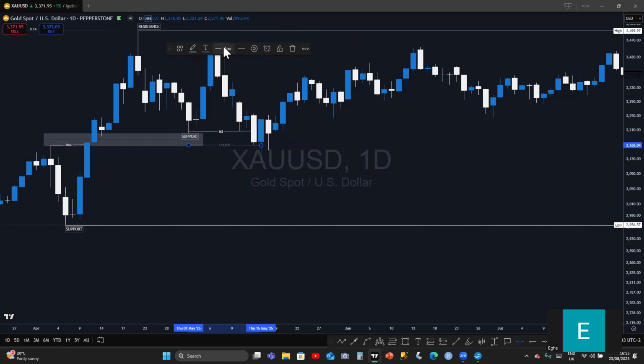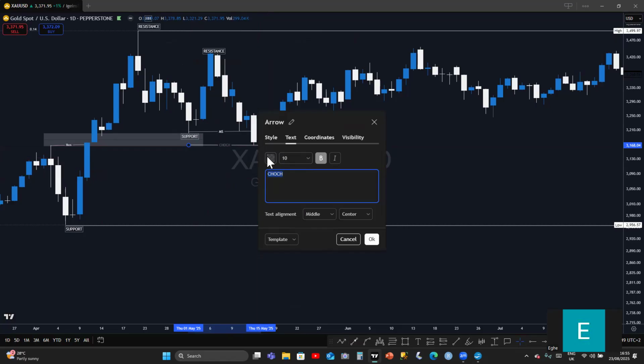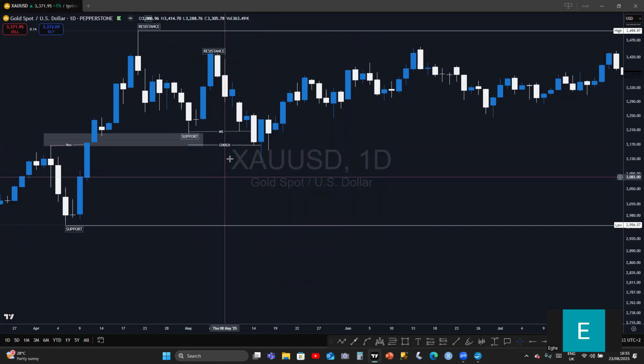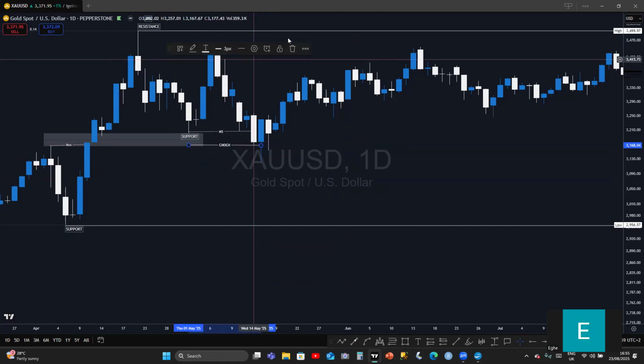I don't know if you can see this. Let me increase it. If I say market shift or change of character, it means the same thing.